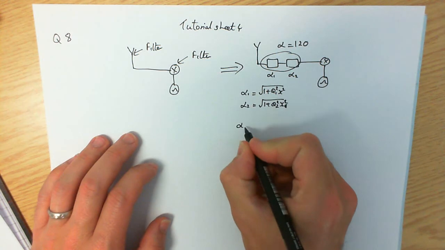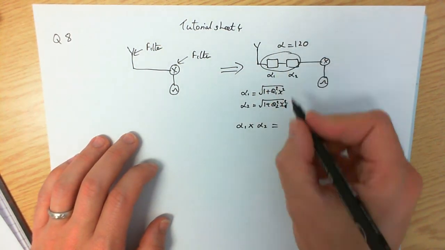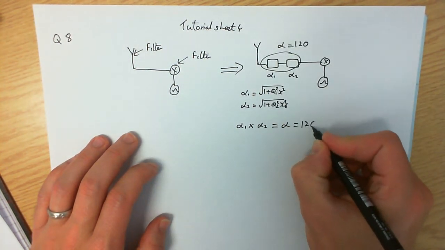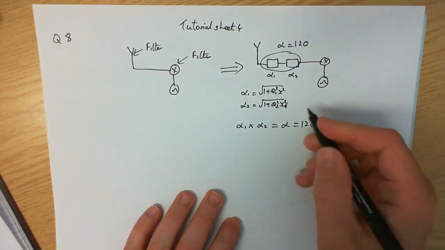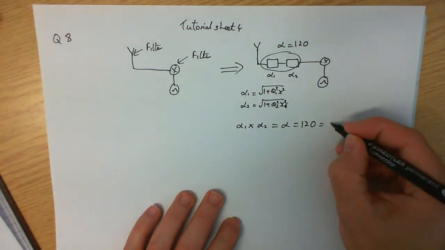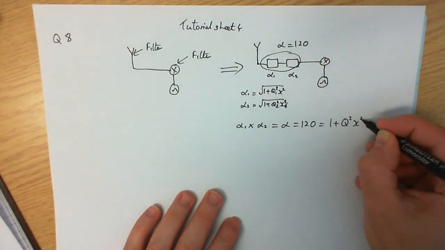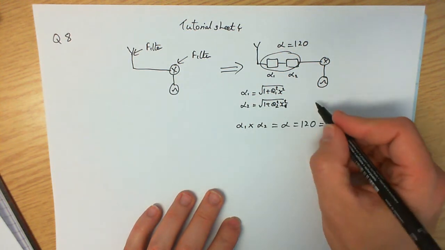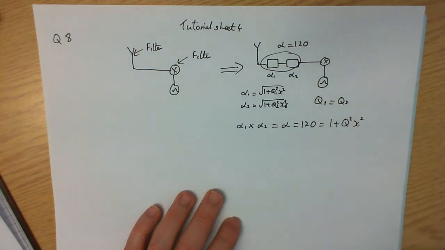So alpha 1 multiplied by alpha 2 is going to be equal to our final rejection ratio, which is 120, which is going to be equal to 1 plus Q squared x squared, because it's just these two multiplied together, and we're assuming that Q1 is equal to Q2.